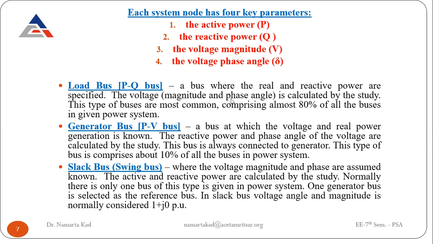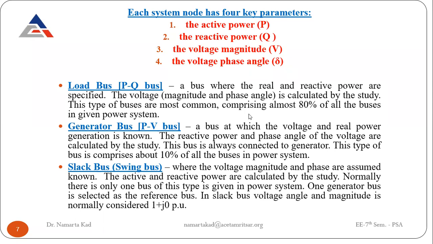The voltage magnitude V and the phase angle delta are calculated by the study, by some of the load flow equations. And this type of bus is most common. In the complete power station or substation, the most common type of buses are the PQ buses, comprising almost 80% of all the buses in a given power system.